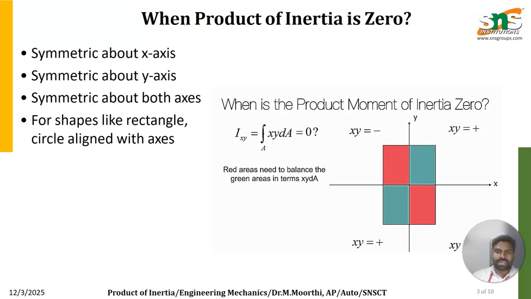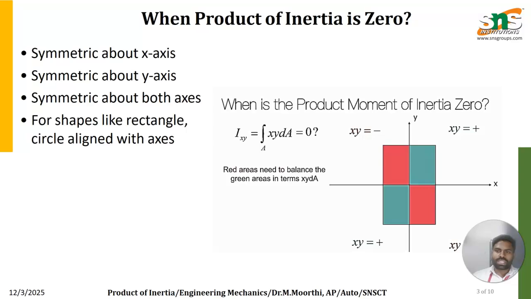So the multiplication gives a positive product of inertia, as in the first quadrant. In the second quadrant, x is negative and y is positive, so the product of inertia is negative. Similarly, in the fourth quadrant, x is positive and y is negative, so the product of inertia is negative as in the second quadrant.